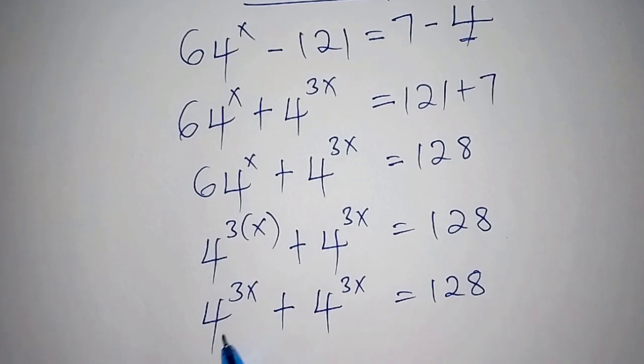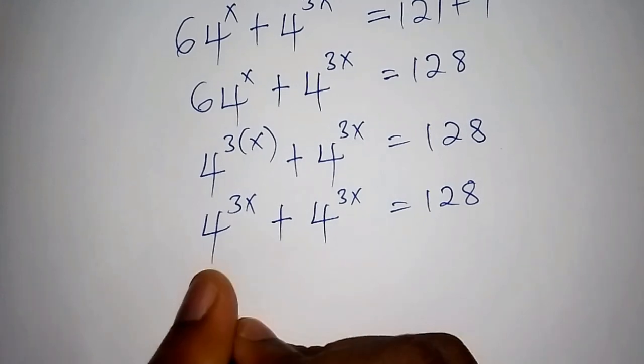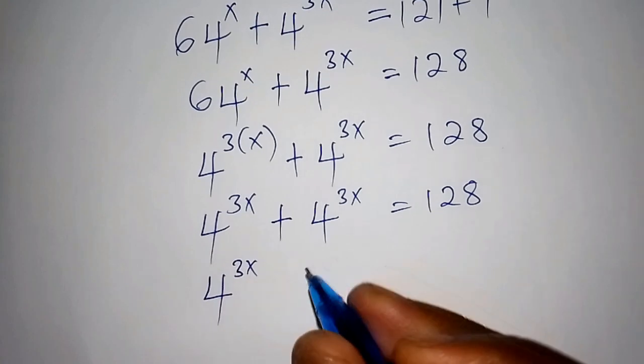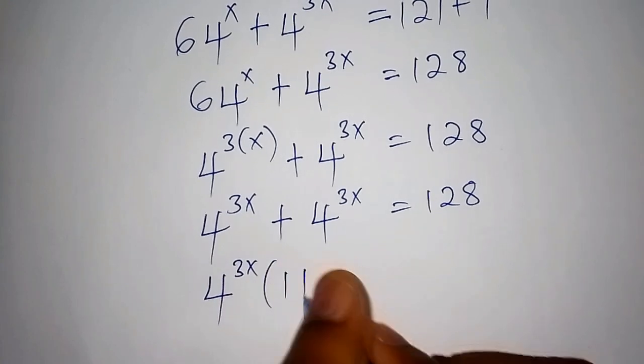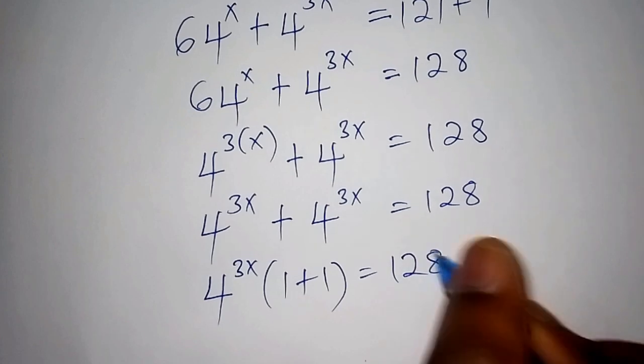So we can now factorize 4 to the power of 3x plus 4 to the power of 3x. When you factorize it, we shall have 4 to the power of 3x, then into bracket 1 plus 1, close the bracket, is equal to 128.